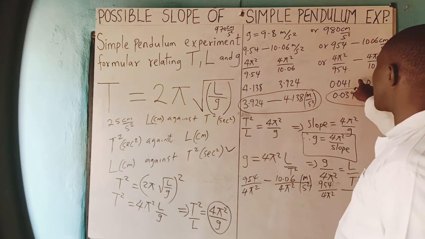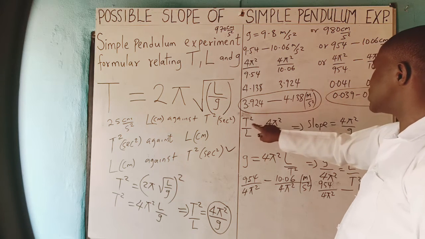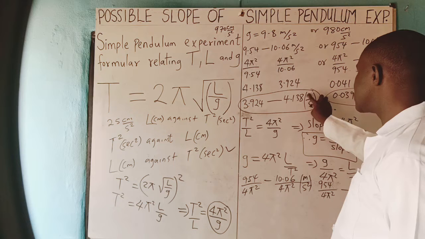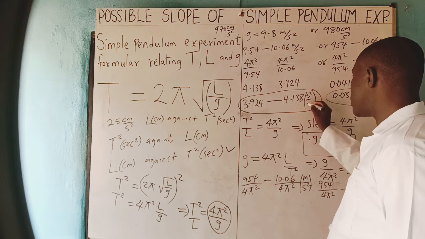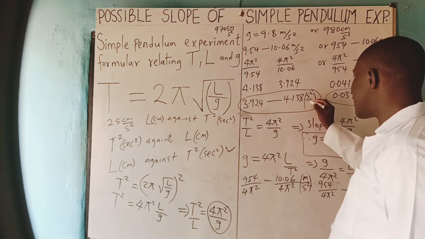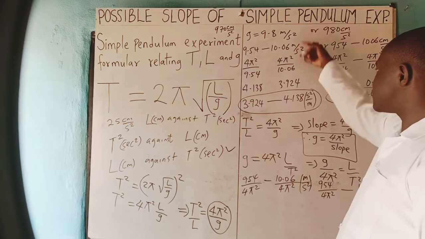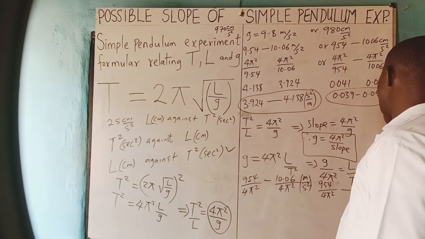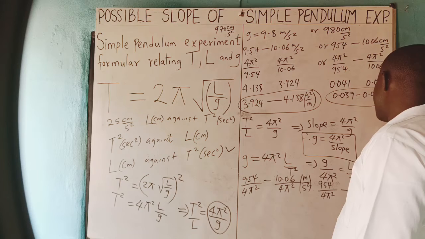Remember, this one we said is a graph of what? T square against L. Please, T square against L is opposite. T square is second squared against meter. That is for this. And this one is second squared against centimeter.